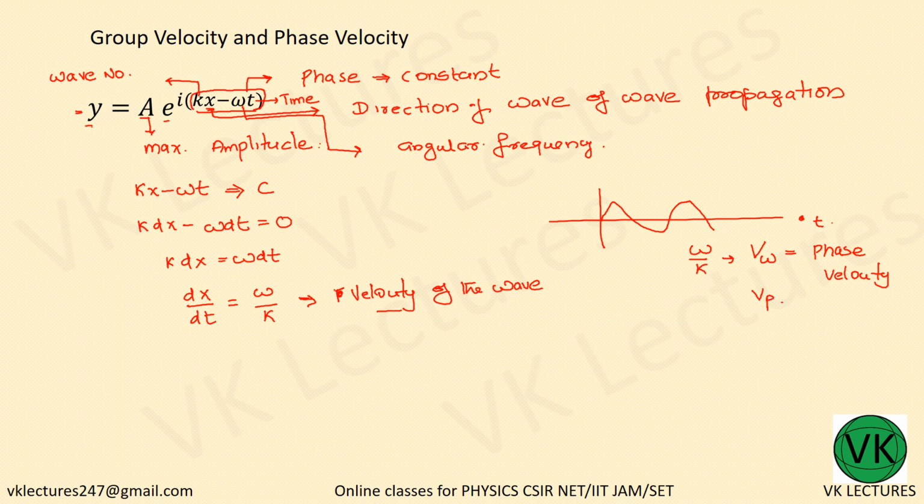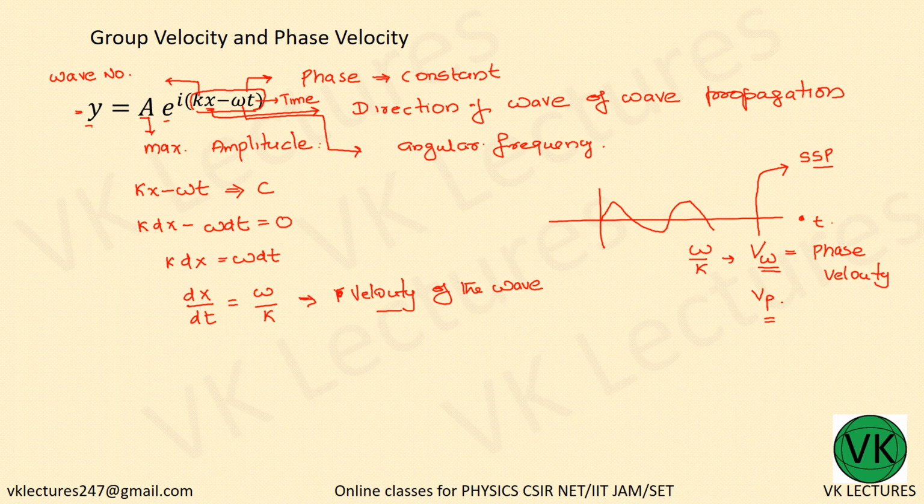Sometimes it will be represented as velocity of wave. Usually velocity of wave will come in solid state physics, SSP, but here we will represent it by the phase velocity.